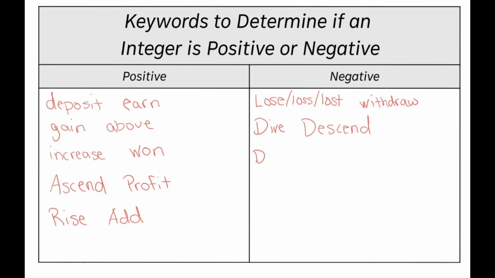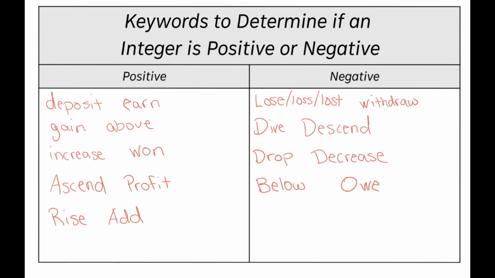Drop. If there is a drop in temperature, that means it is decreasing. That is a negative situation. Decrease. So if there is a decrease in your bank account, that is negative. That is a negative situation. Below. Below water. That would be a negative situation. Owe.